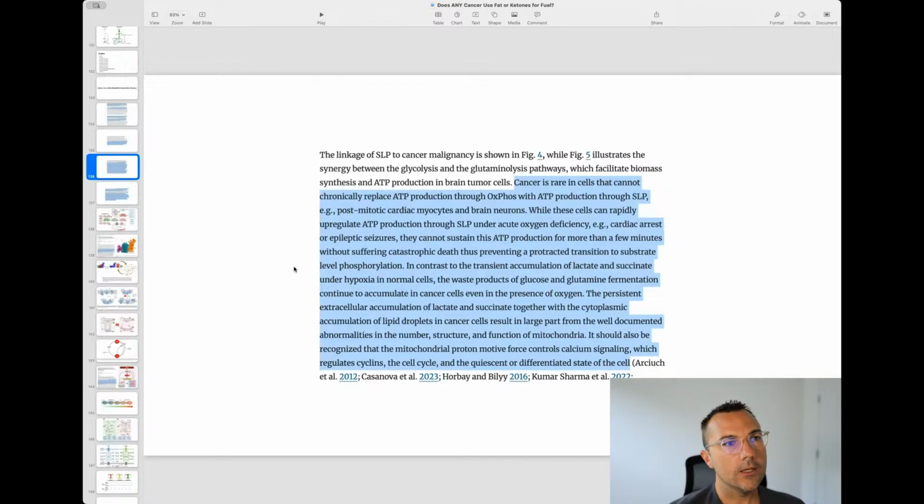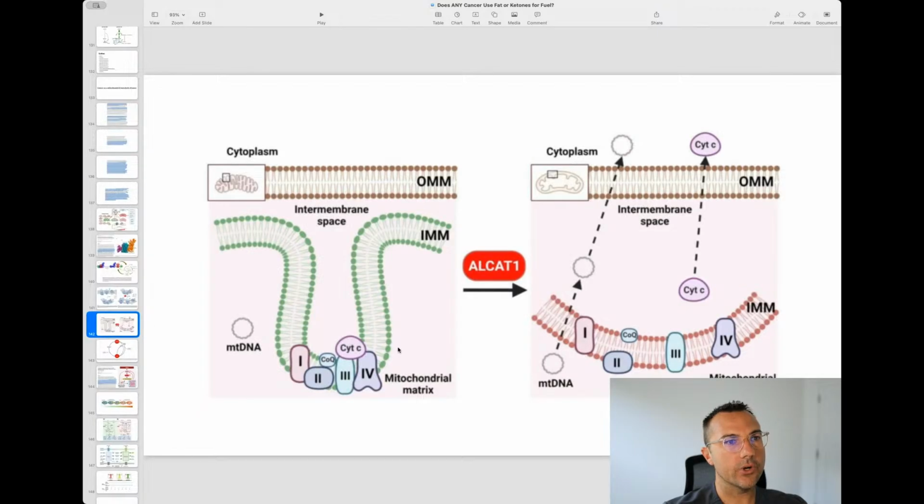So a couple other important things here. Basically what they're saying is that the normal state of the cell is quiescence. It's not rapidly dividing. I'm trying to find a graphic here.